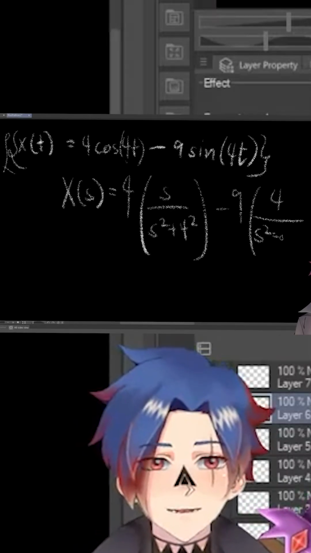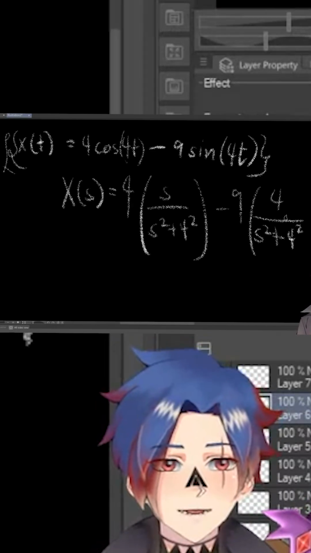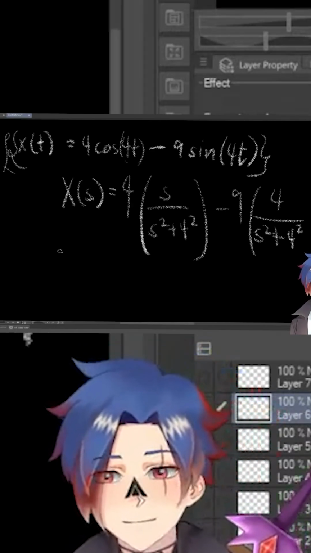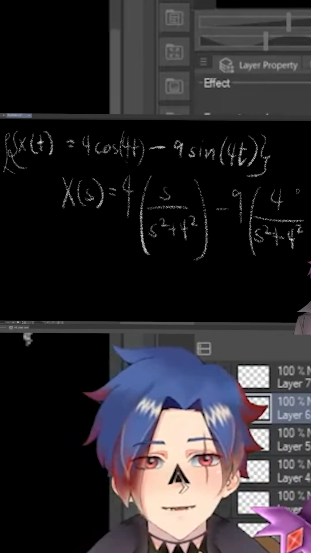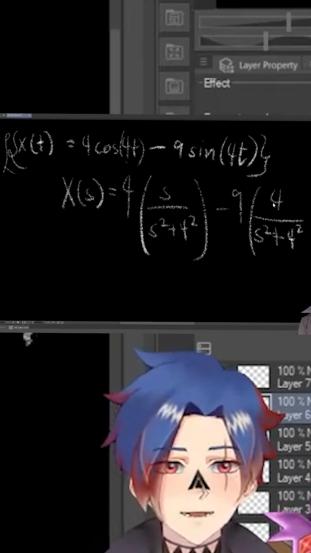Then s squared plus 4 squared is s squared plus 16. This is going to be simplifiable, and we can simplify it a little bit later on.